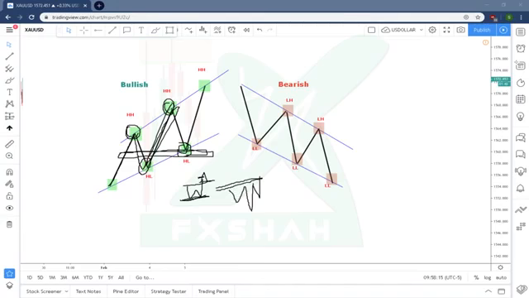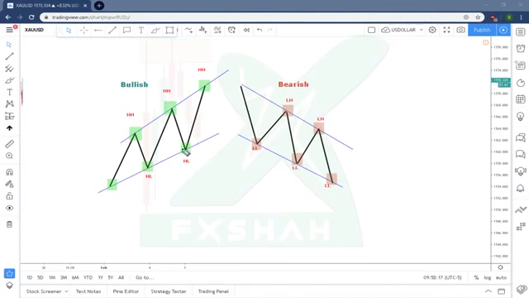Some traders will use this area as support. This is a trend line support. They will wait for some candlestick pattern like a hammer, then they will wait for confirmation like a bullish engulfing candle. Then they will enter their trade and put the stop loss here.